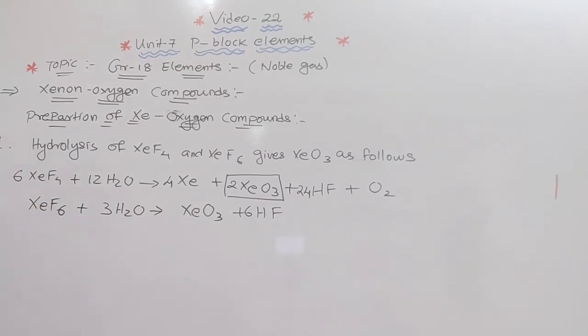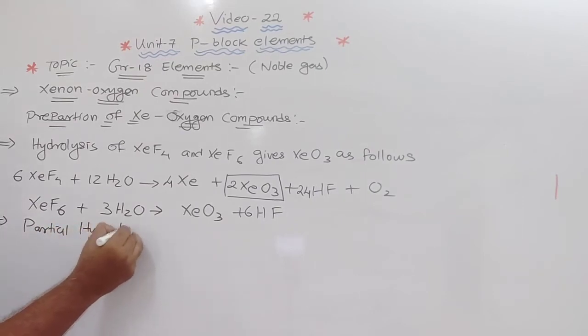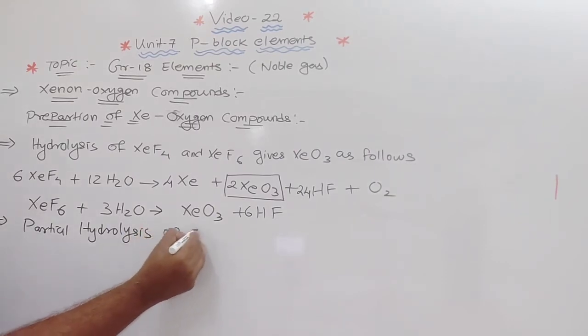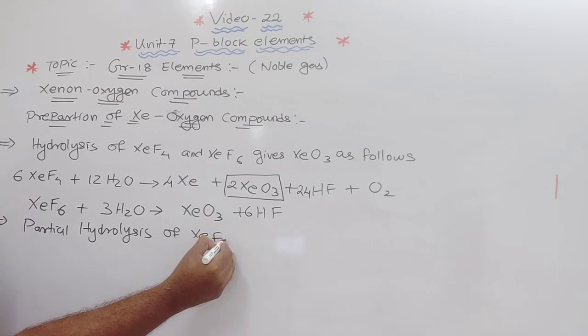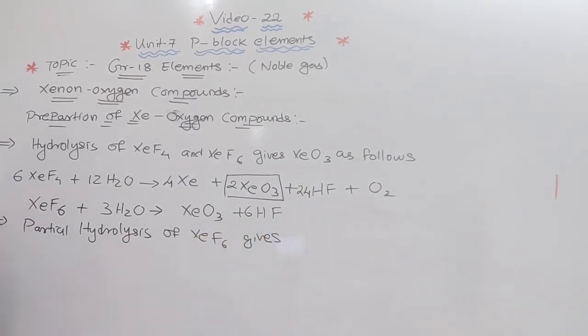Now the next part, partial hydrolysis. Partial hydrolysis of XeF4 and XeF6 gives xenon oxyfluorides, like this.